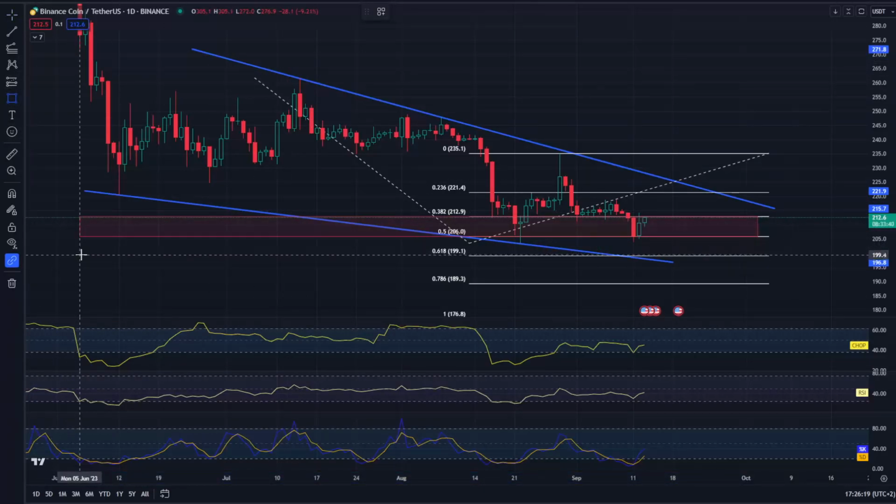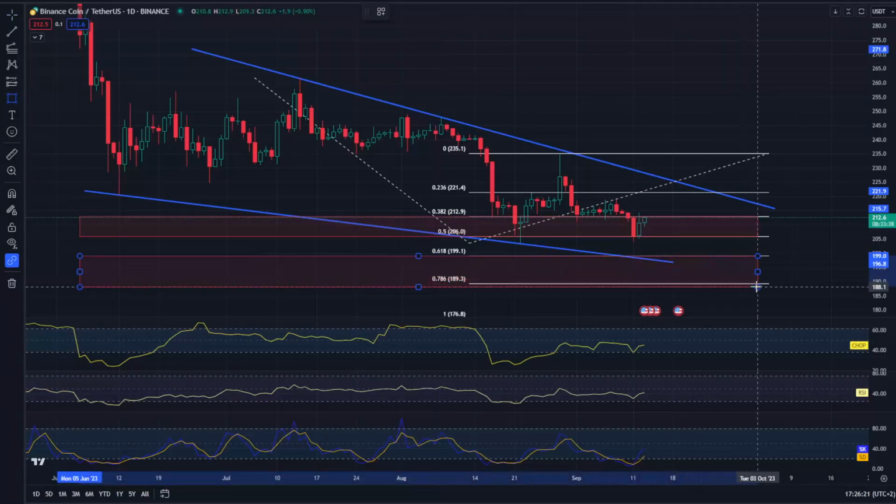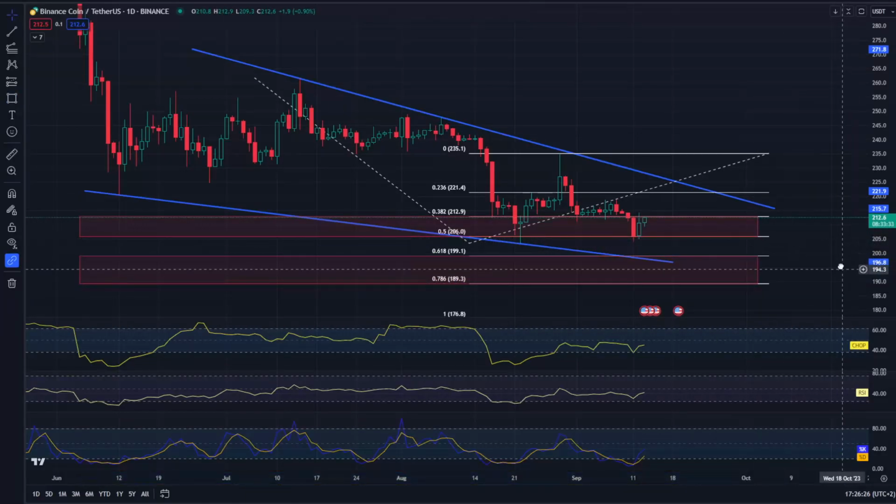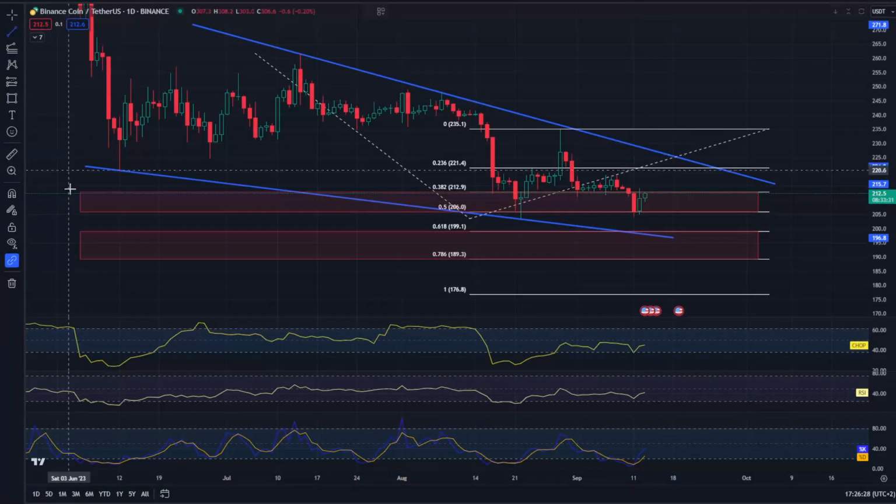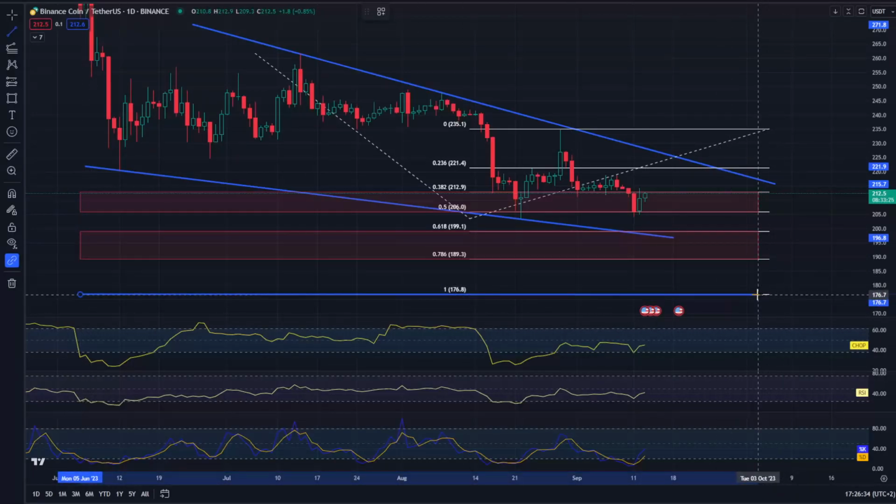But when we fall lower, we have a second zone from $199 to $189. And further, we can see the price drop to the support level of $176.